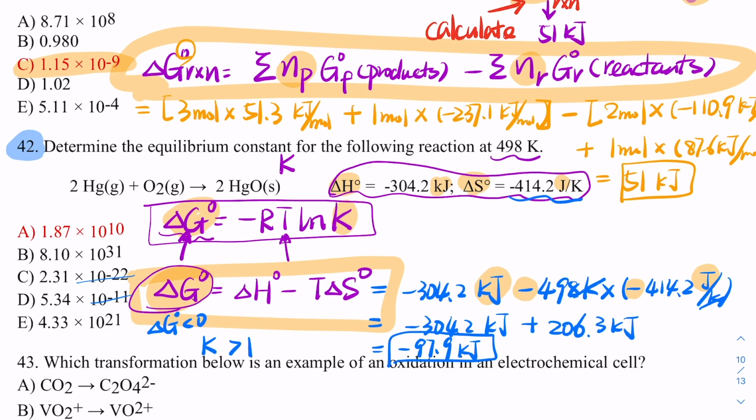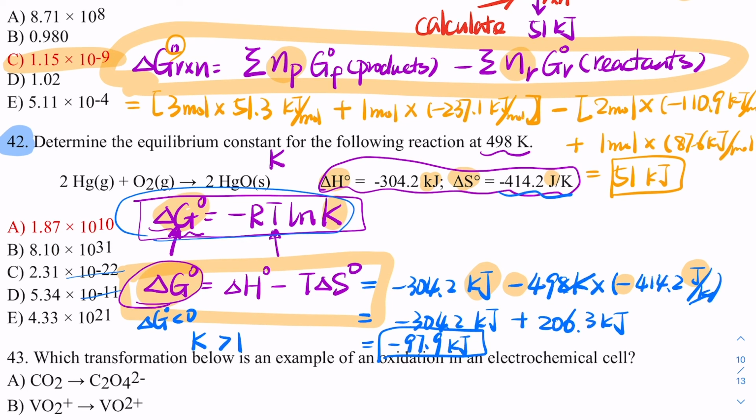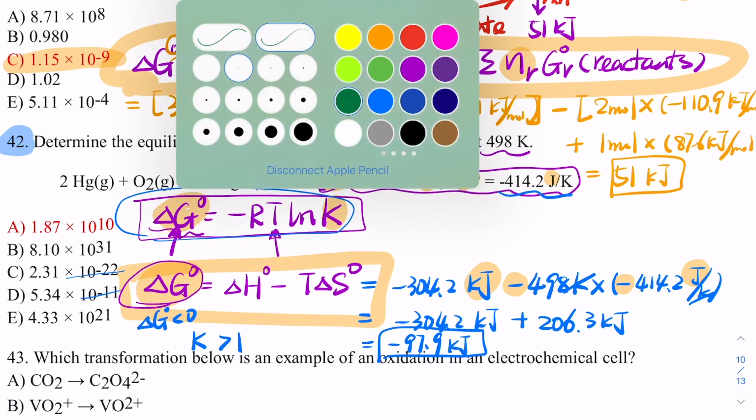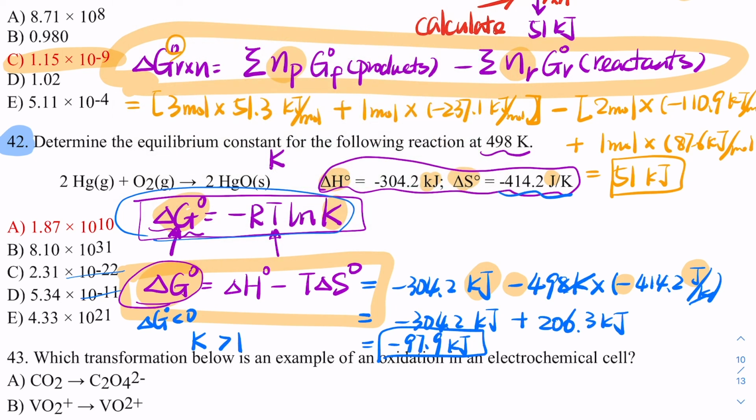Okay, and then from this point we're going to do the same calculation over there. I'm going to use a different color so we can differentiate, maybe gray. So you have delta G naught is negative 97.9 kilojoule. Now I don't need to explain, right? We just did it. Times the temperature, 498 K, times ln K. Then you divide as we did, but remember that's kilojoule, so you need to multiply by 1000, and then you do the calculation.